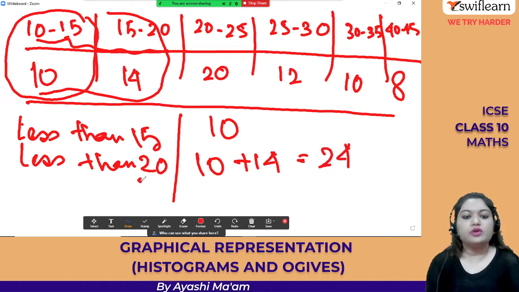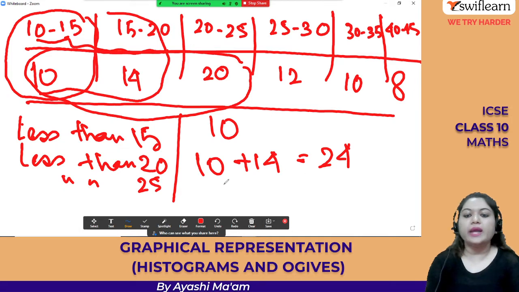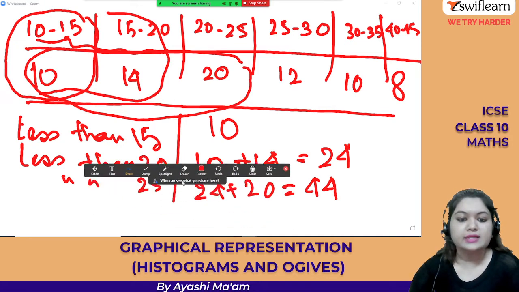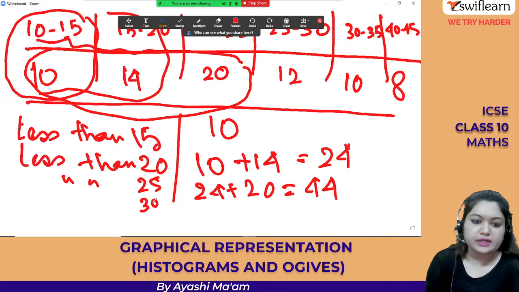Then we can go for less than 25. That means all these three. So 10 plus 14 plus 20, or you can also do 24 plus 20. That is 44, right?